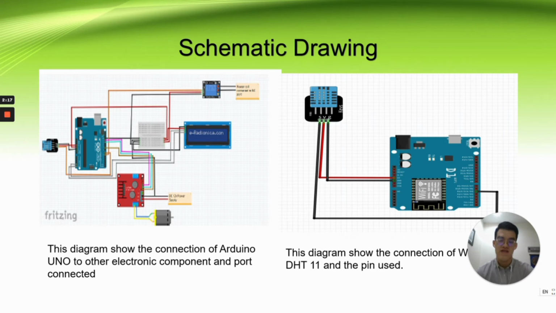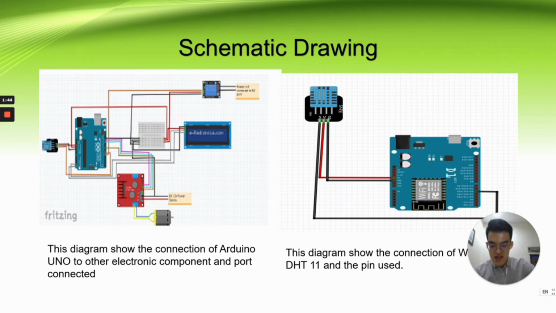Next, we will look at the schematic drawing of the prototyping. From the left hand side, we can see the Uno board, which is connected to the DHT11 sensor on pin 7, while the motor driver is connected to Arduino Uno pins 12 and 13, and the most important, pin 9, which is the enable pin, which uses the PWM function.